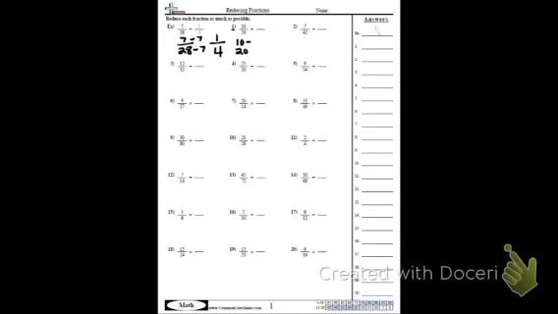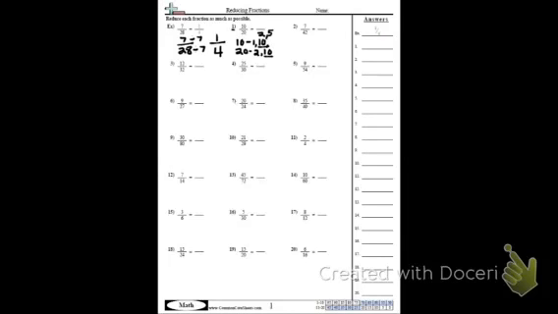The factors of 10 are 1 and 10, and then 2 and 5. And the factors of 20, there's quite a few of them. There's 5 and 4, there's 1 and 20, but there's also 2 and 10. So 2 times 10 is 20. So 10 is your greatest common factor, your GCF.